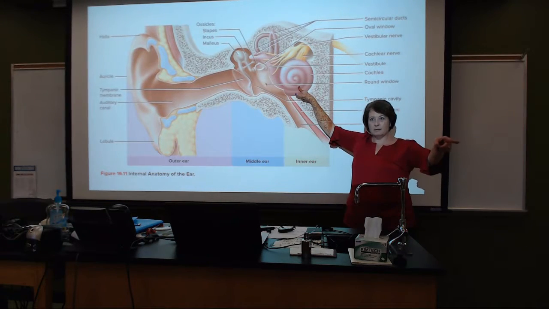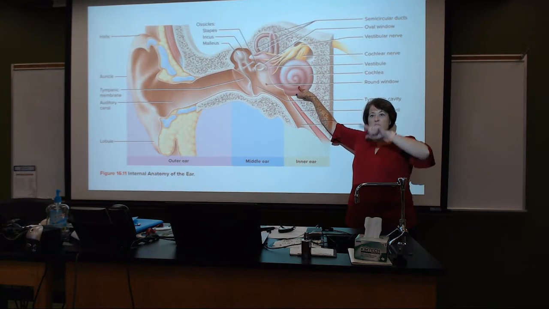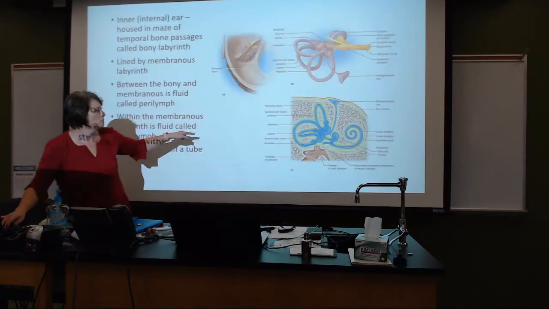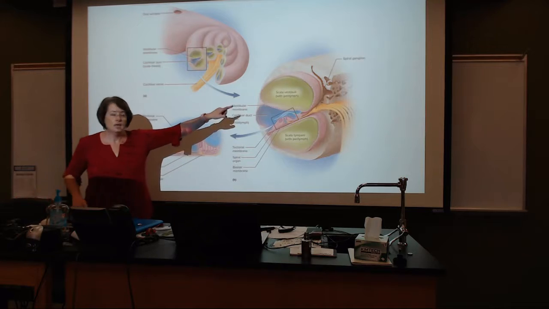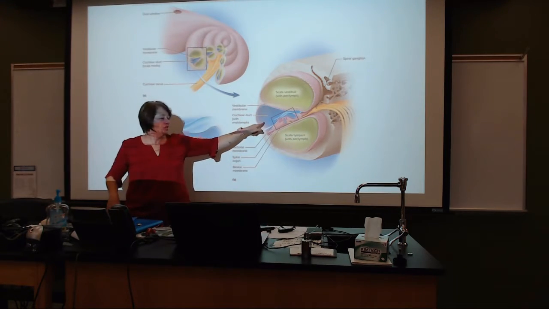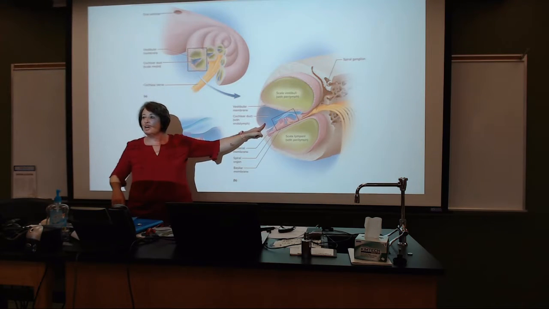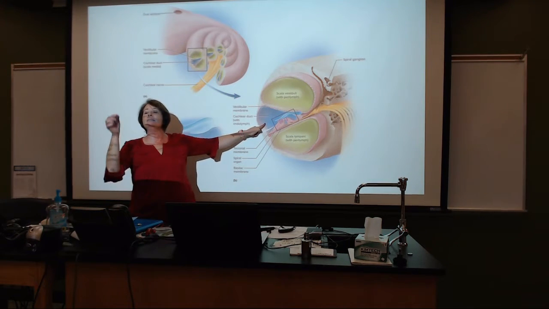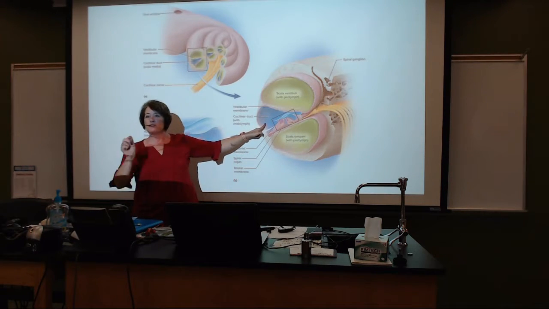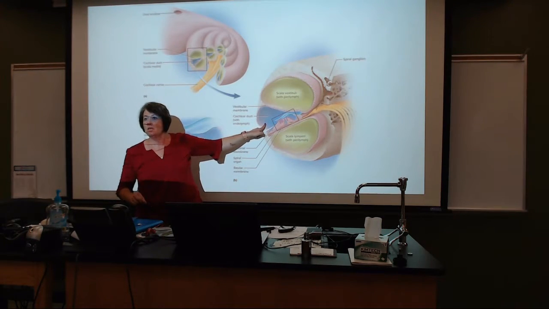Based upon the structure that we just looked at for the inner ear, to the outer portions, I've got peri. To the inner, I've got endo, which contains my sensory cells for hearing, meaning they are connected to the cochlear nerve.